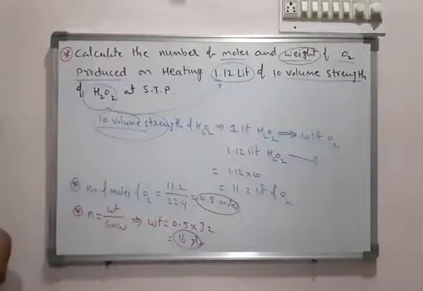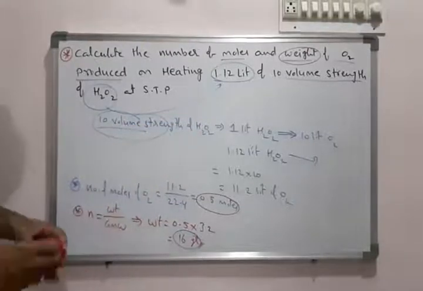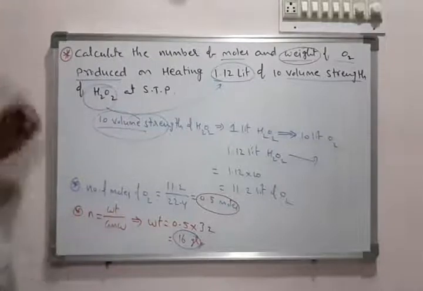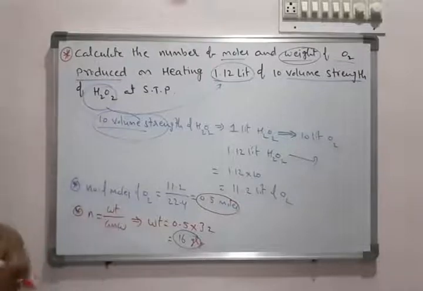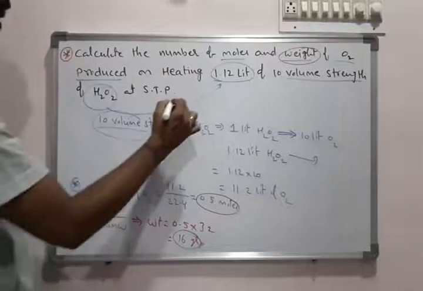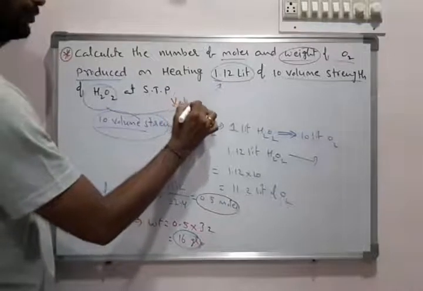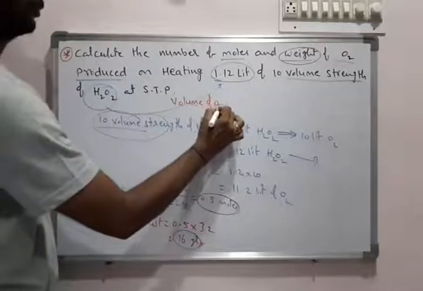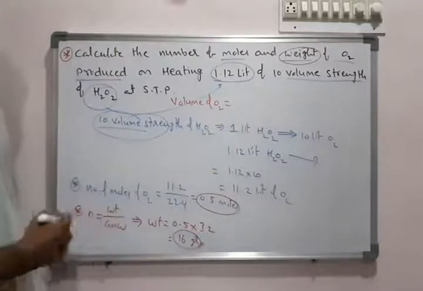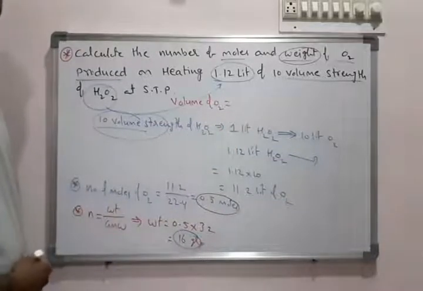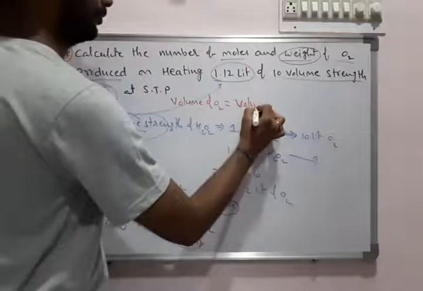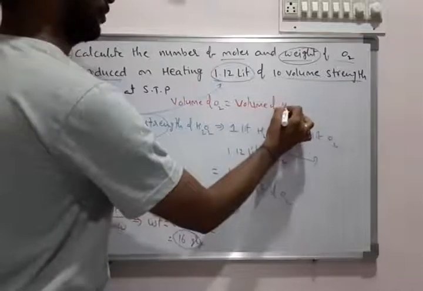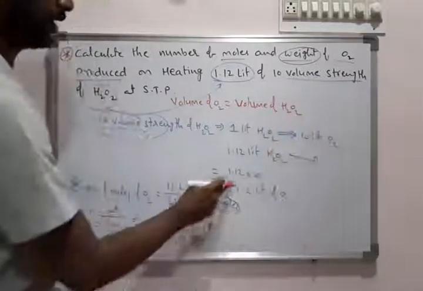Okay. So from this we pick up a formula for direct calculation. The volume of O2 can be written as, for direct calculation, the volume of hydrogen peroxide times the volume strength of hydrogen peroxide.